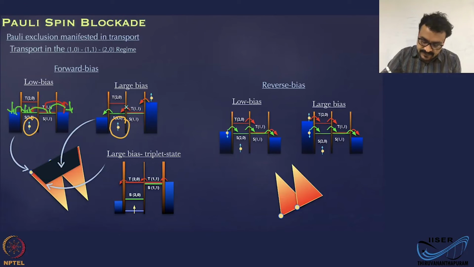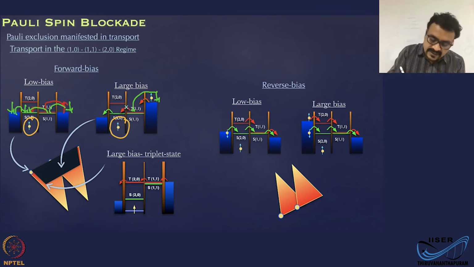Now, assume that you have a spin down electron first. The spin down electron can tunnel here, and it actually can occupy the S11 state. That actually can tunnel here. This will occupy the S20 state and tunnel out.